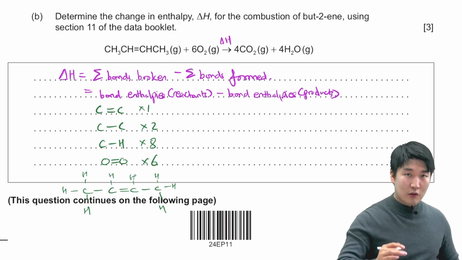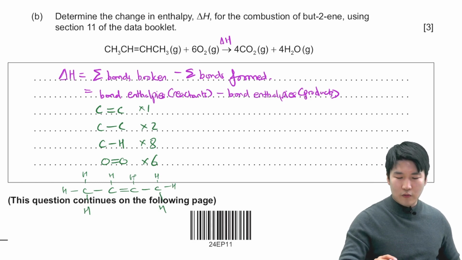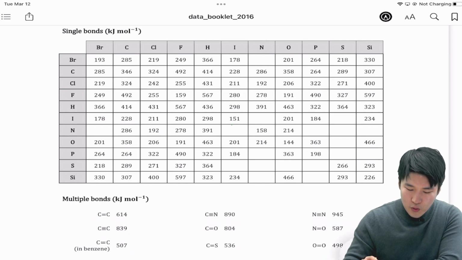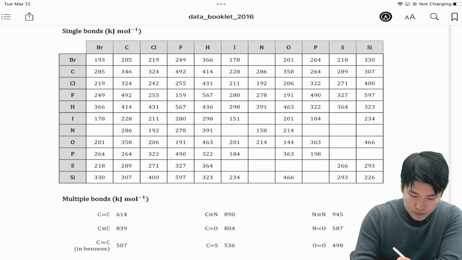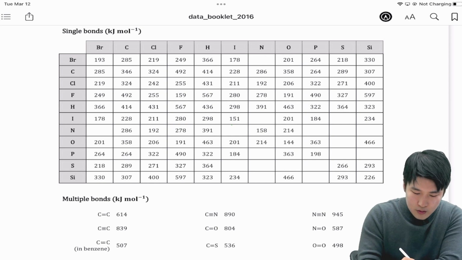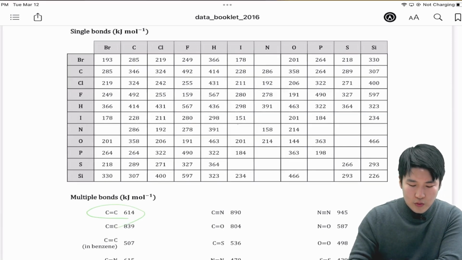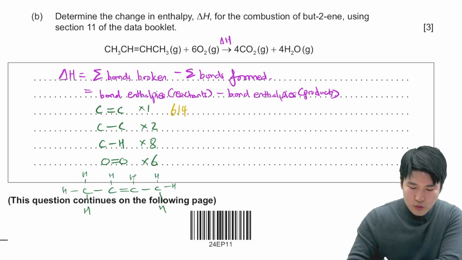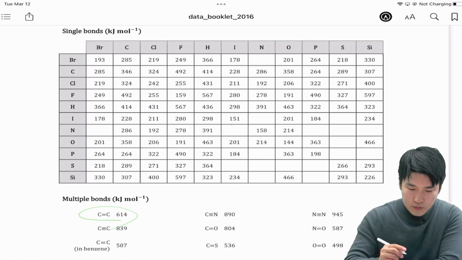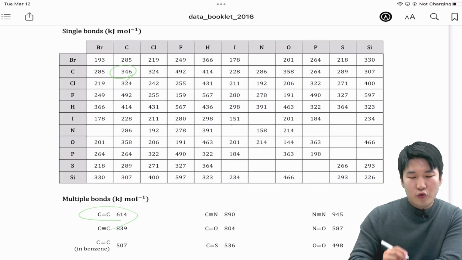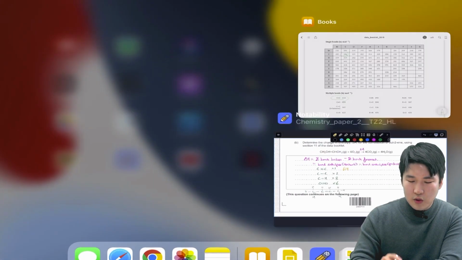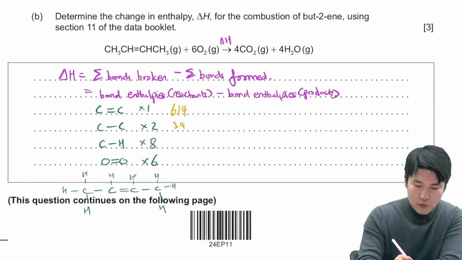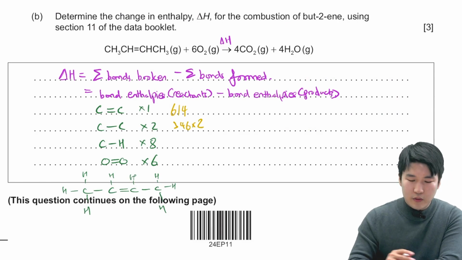Now, if we derive the values for the 4 different bond types, we'll start off with carbon to carbon double, 614 kilojoules. Carbon to carbon single is 346, 346 times 2.